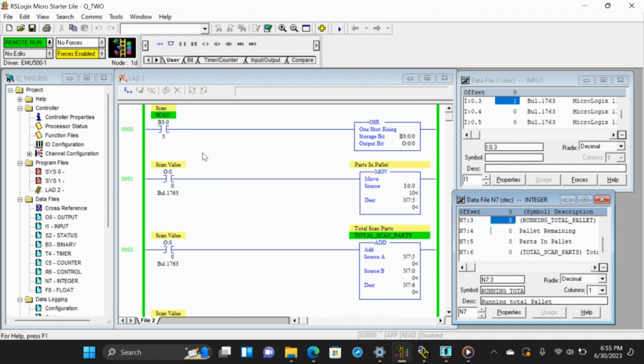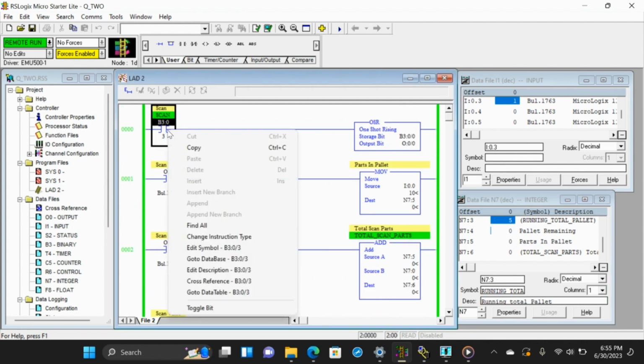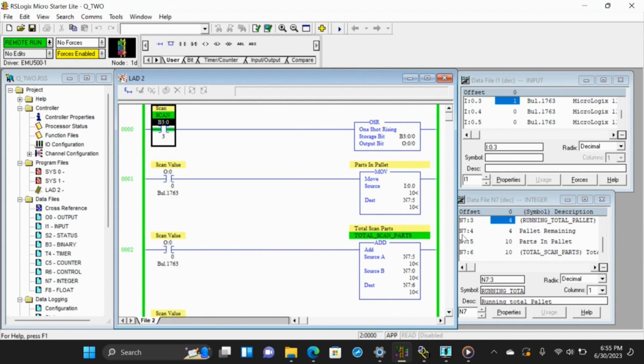Whenever I scan a barcode, my remaining pallet count is full, and the parts in the pallet that is being scanned is 10, because each pallet consists of 10 parts, so the total scanned parts is 10.